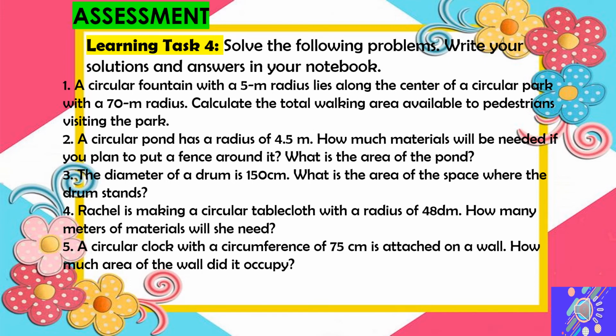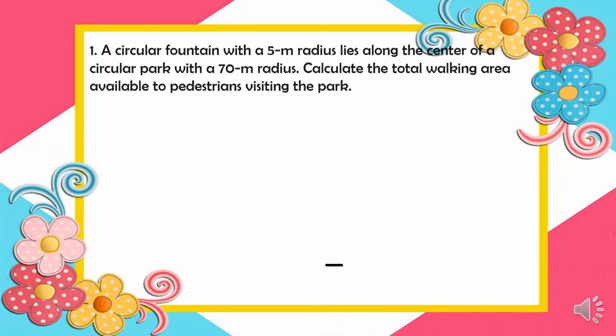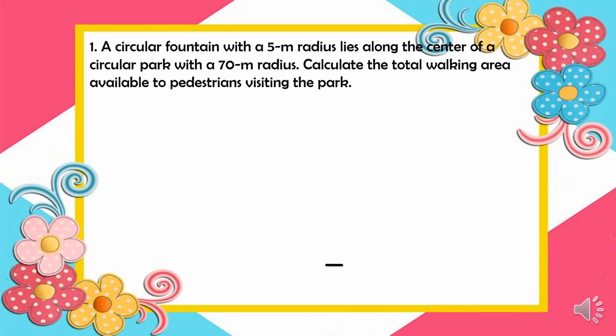Okay, so let us now answer number 1. For number 1, a circular fountain with a 5-meter radius lies along the center of a circular park with a 70-meter radius. Calculate the total walking area available to pedestrians visiting the park. Okay, so on this problem, kunin muna natin yung area of the circular park.